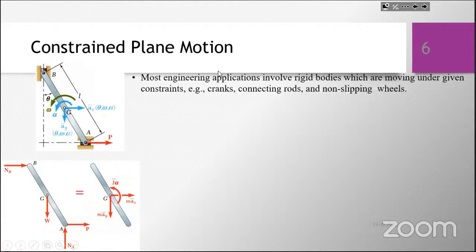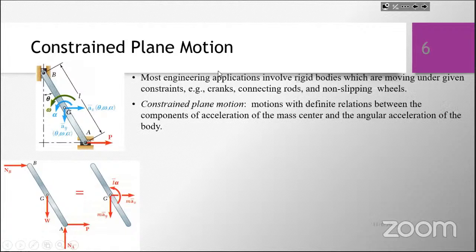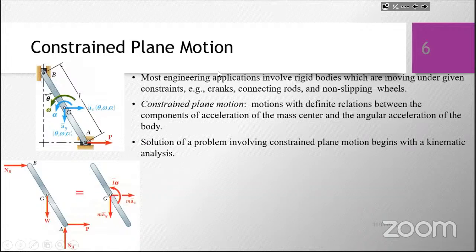Cranks, connecting rods, non-slipping wheels are all things that we consider to be constrained planar motion. These are motions with definite relations between components of acceleration of the center of mass and the angular acceleration of the body. So we can make some assertions about angular acceleration and the linear acceleration of the center of mass.